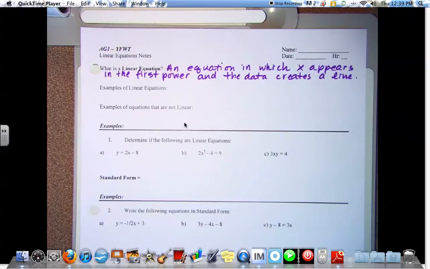So we've been looking at linear equations for quite a while now. So this isn't really new to you.